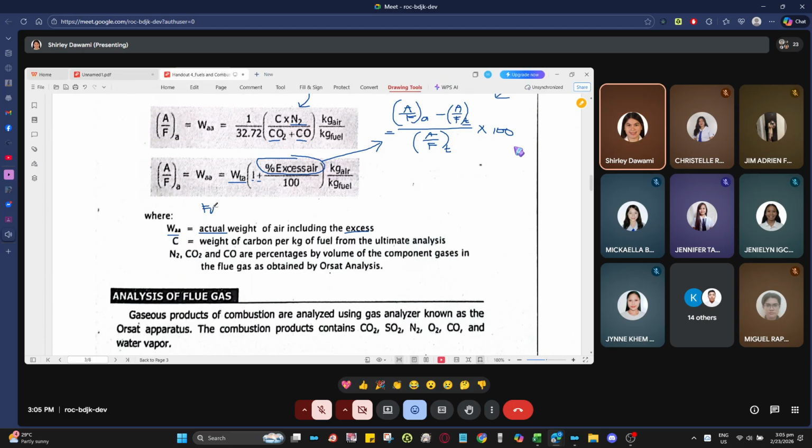Fuel plus air equals to, fuel plus air is product of combustion, no? So percent excess air is found here, in the air.